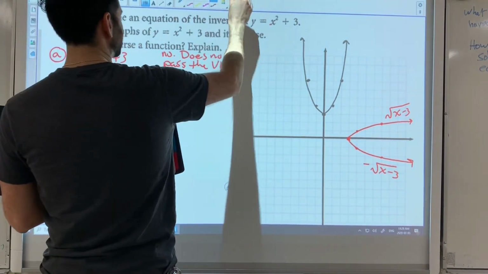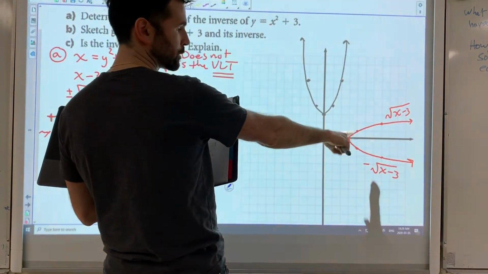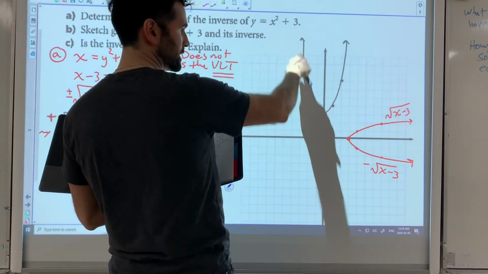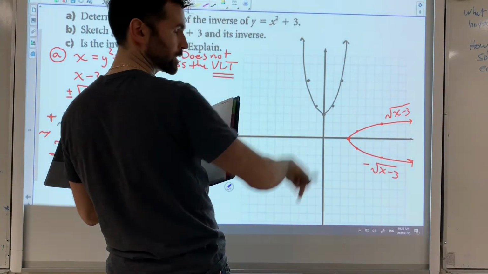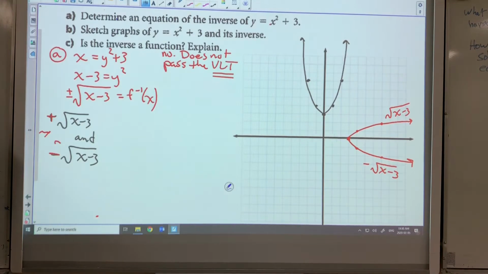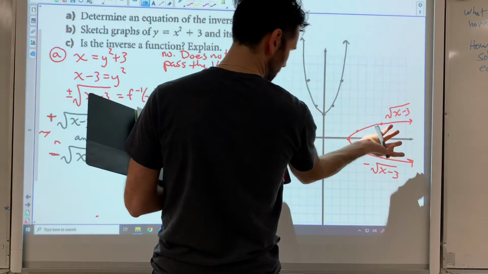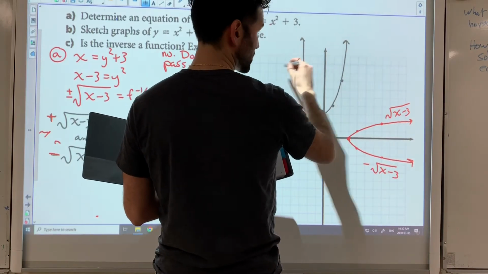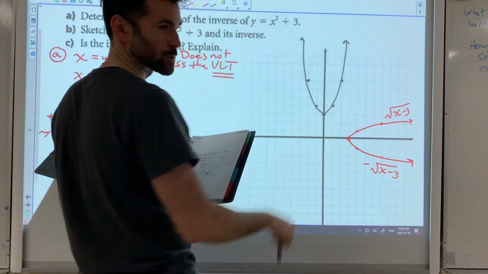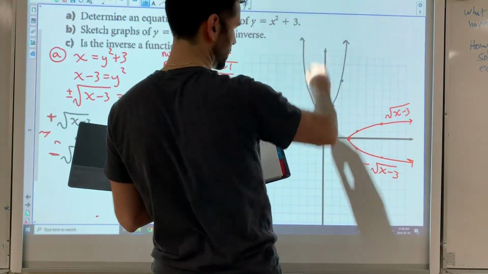All right, now, check it out. There's a way, without sketching the inverse, to tell if the inverse of a quadratic is going to be a function. Is it the horizontal line test? Yes, very good. Because quadratics will always flip on their side. If they don't pass a horizontal line test, the inverse won't be a function. Because look, this passes the vertical line test.